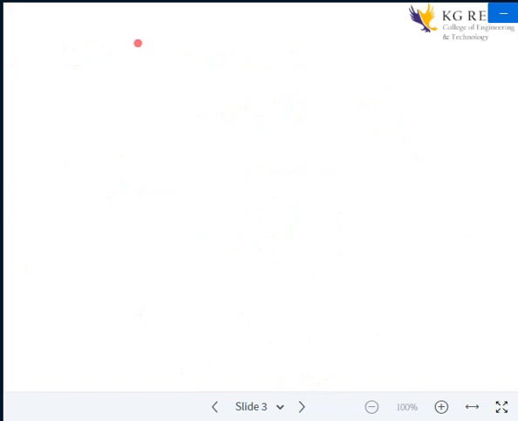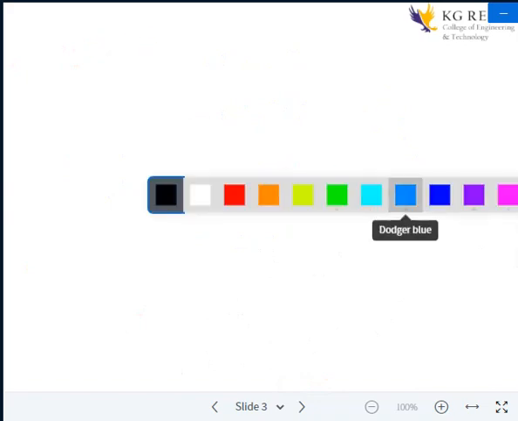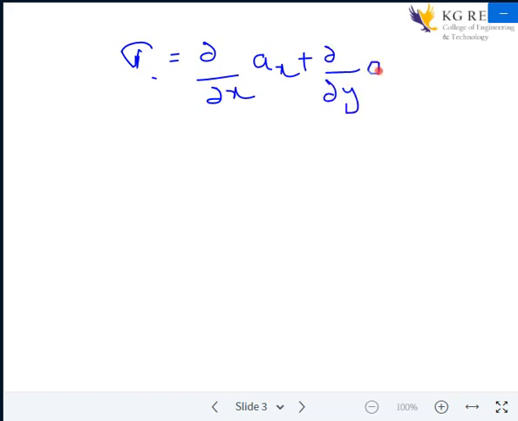We all know the del operator. Today I am writing this in the Cartesian coordinate system; in later classes we will see the other coordinate systems as well. The del operator is dou by dou x of ax, dou by dou y of ay, and dou by dou z of az.